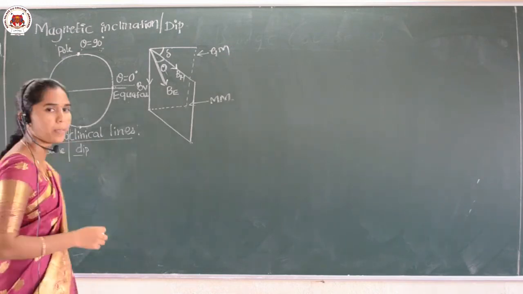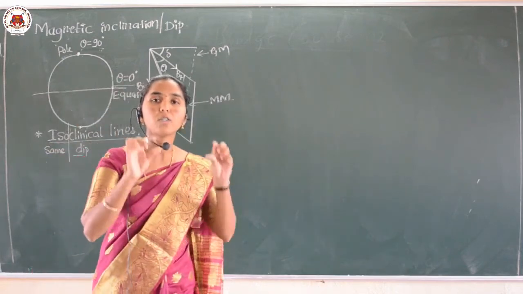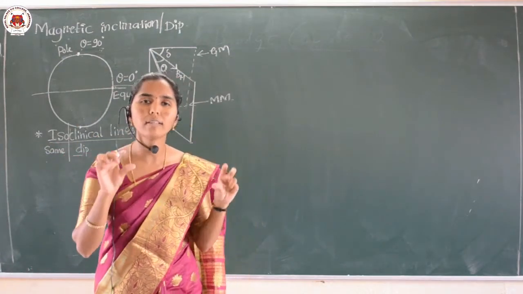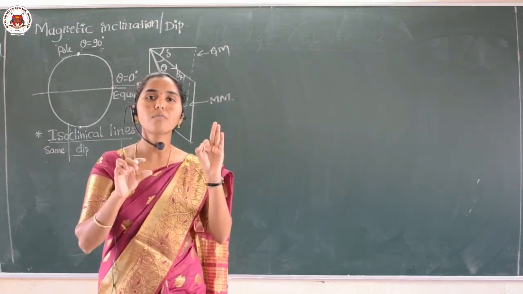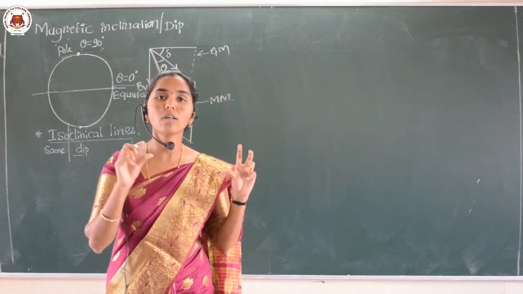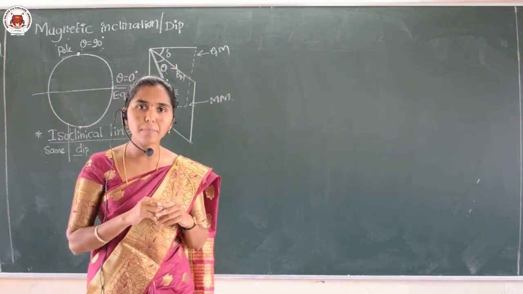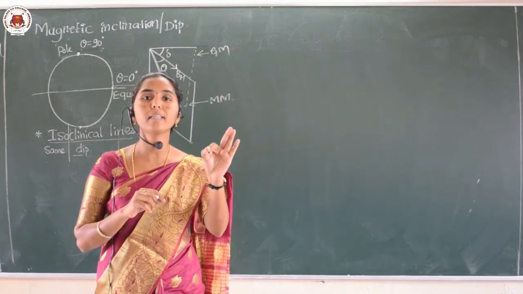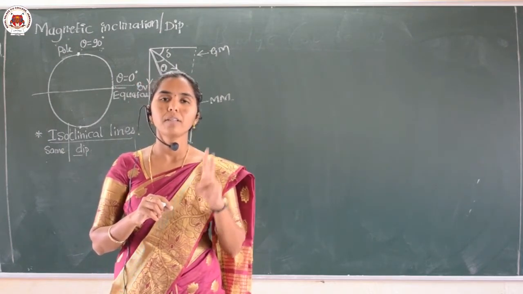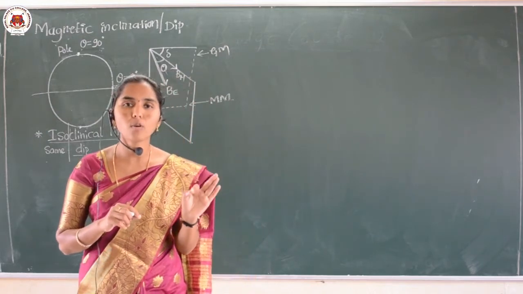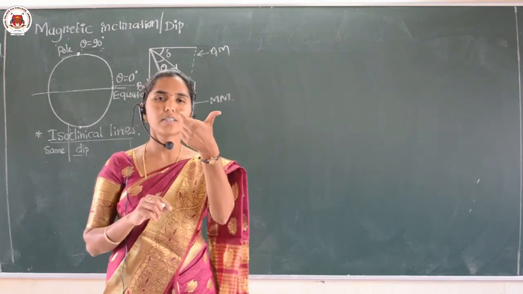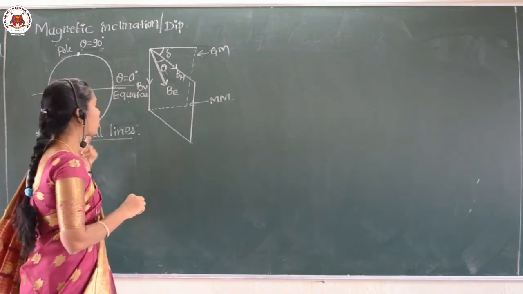So the lines drawn on the surface of the earth map, joining the places of the same dip value or dip angle, are called isoclinical lines.